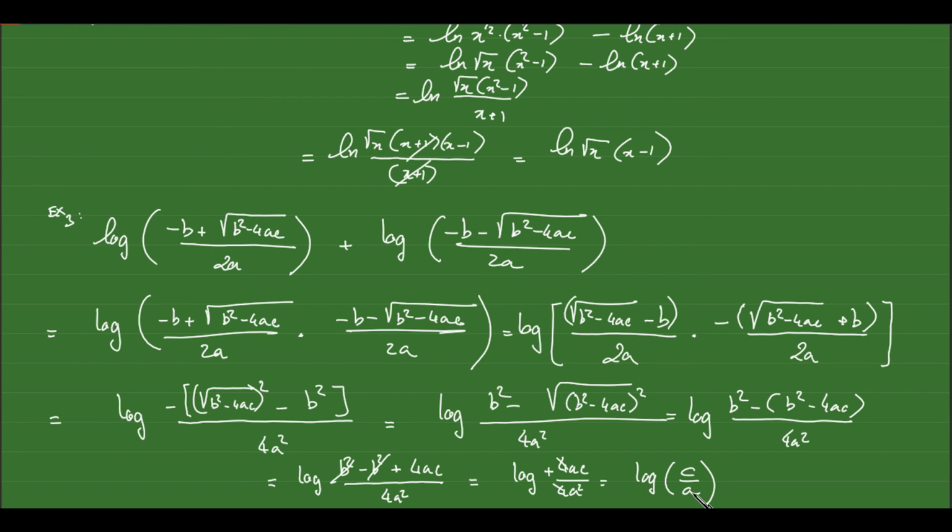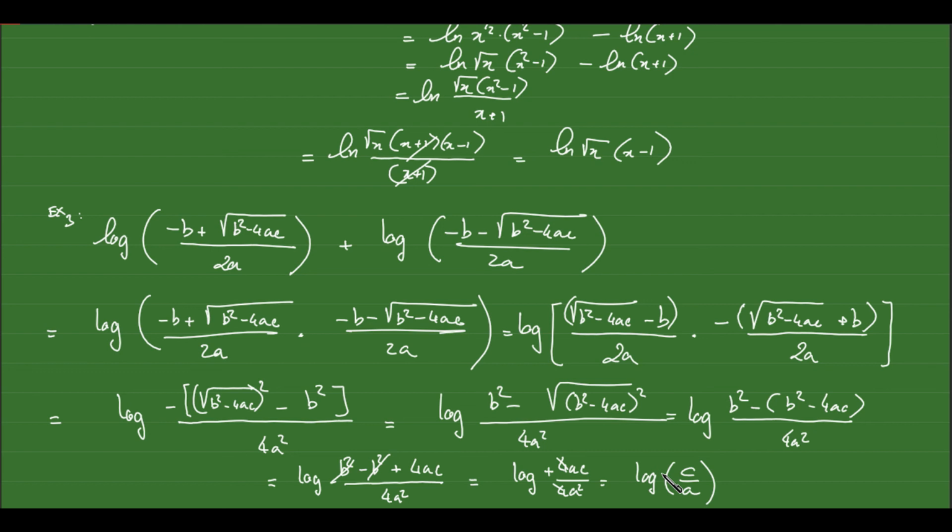We don't want to expand it because this is compression. So originally we had a pretty complicated one with two logs, and now we compress into only one log: log of c over a. As long as you memorize all the properties and do a lot of practice problems, I'm sure you will be fine.